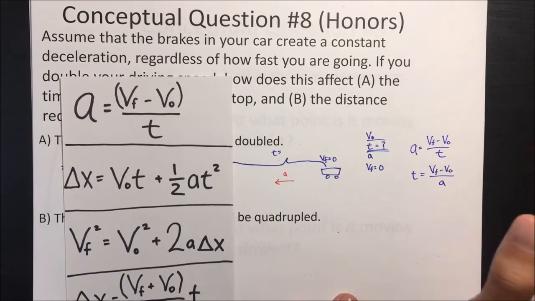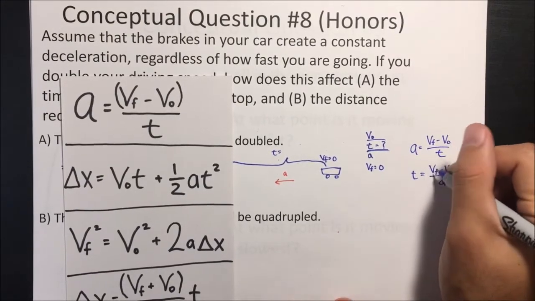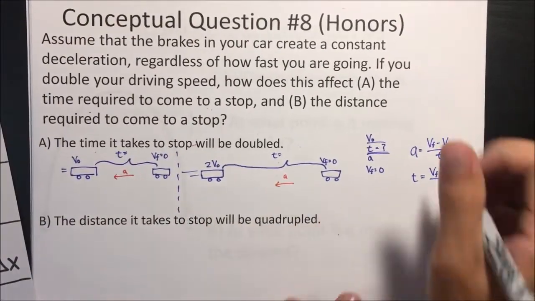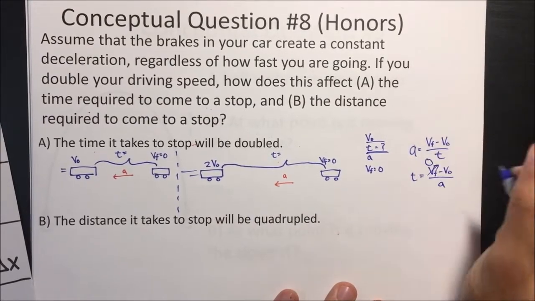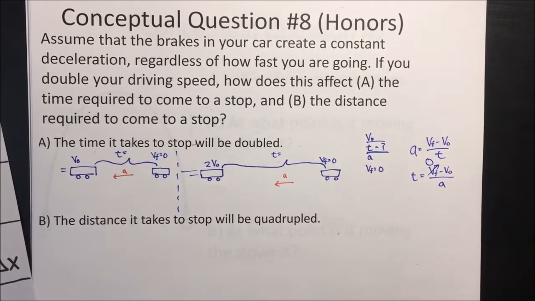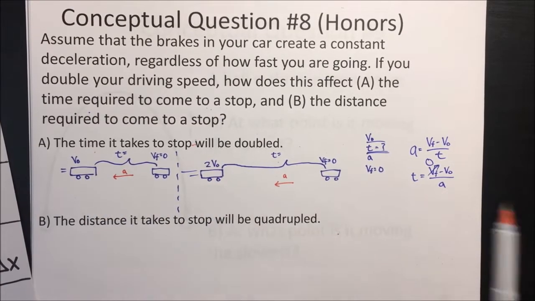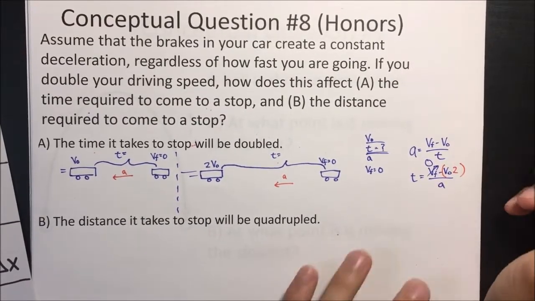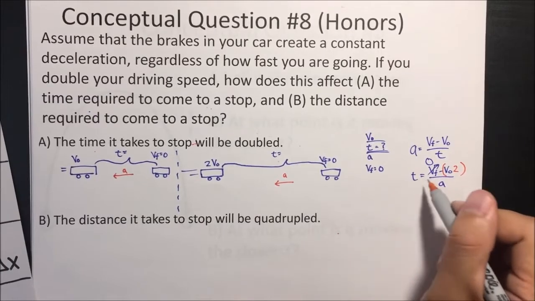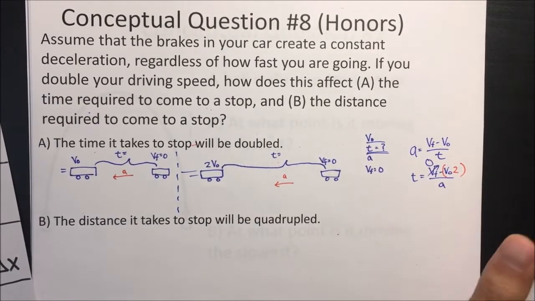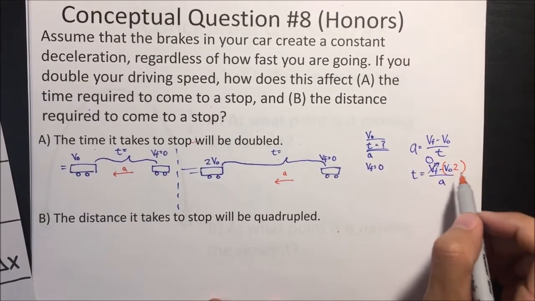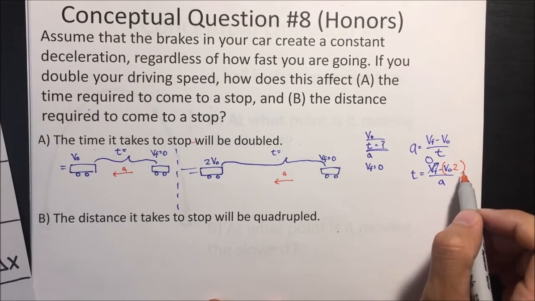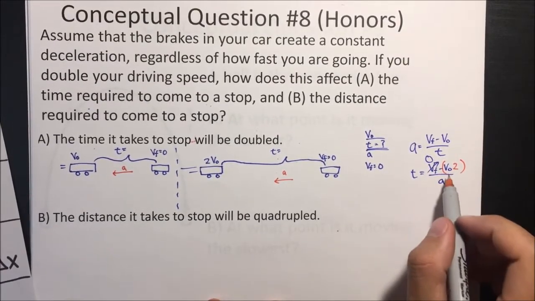We know that the final velocity is going to be 0 for both of these situations, so this is just 0. But what we want to know is when this velocity changes, when it goes twice as fast, so if this velocity changes by a factor of 2, how is this time going to change? What we notice is if this velocity changes by a factor of 2, this side is going to get twice as big.